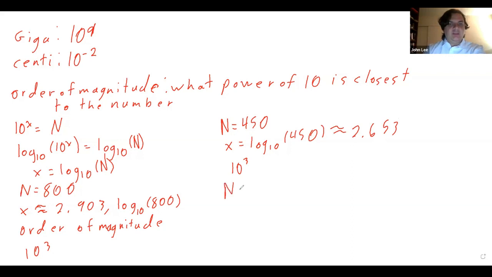And then the last example that they go to is n equals 250. In that case, x is log base 10 of 250, which is approximately 2.397.